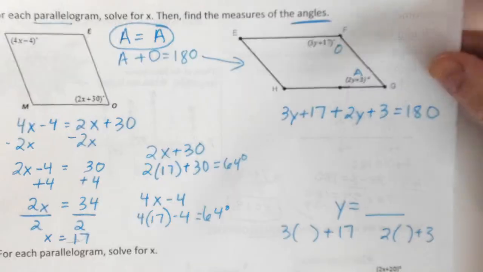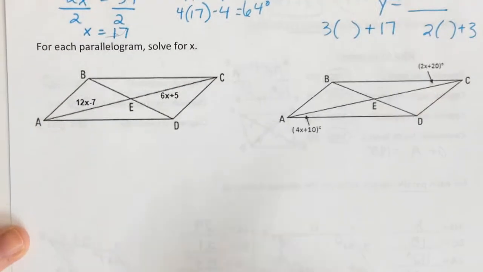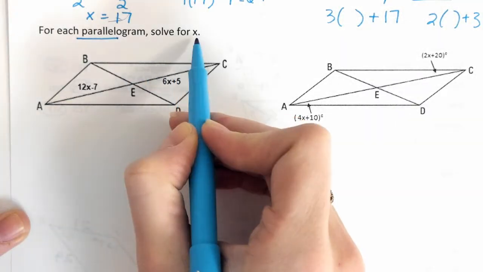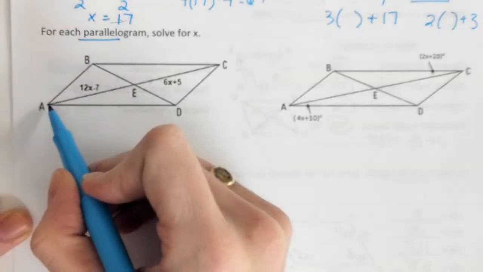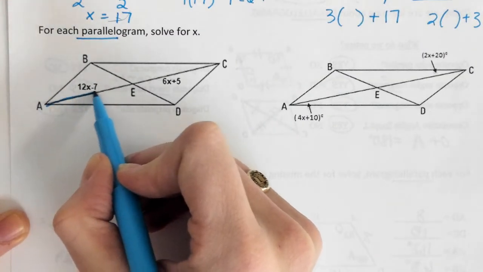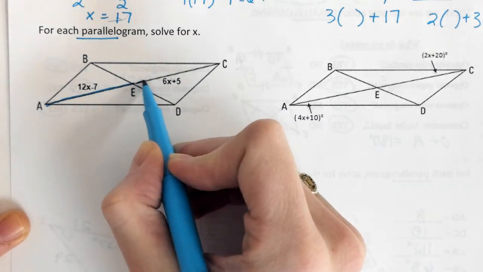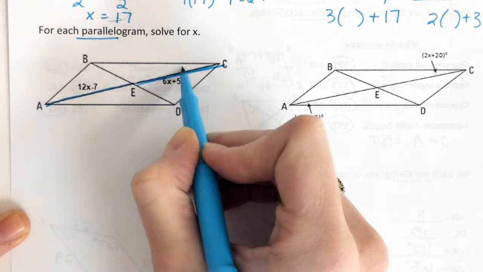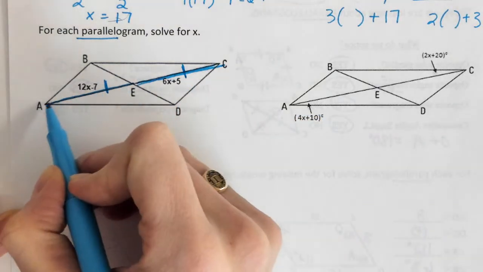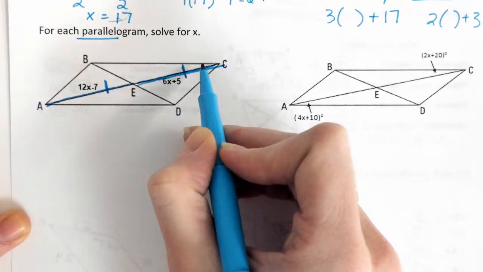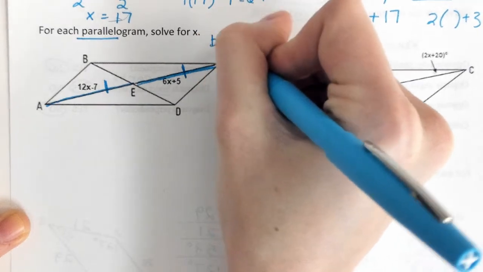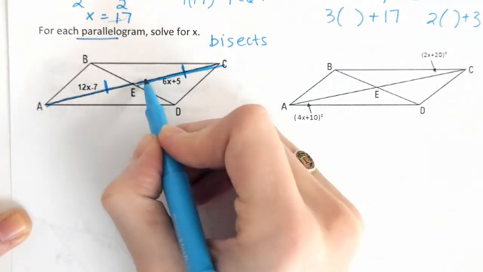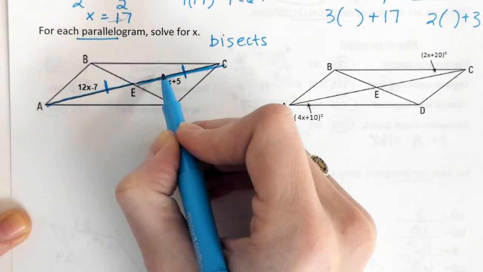Alright, 2 more problems. Slide your paper down. For each parallelogram, solve for x. So this parallelogram is showing us these lines here. These are not angles. They are parts of the diagonal, which we learned the diagonals bisect each other. This is where that word bisects comes in, meaning this piece is equal to this piece.